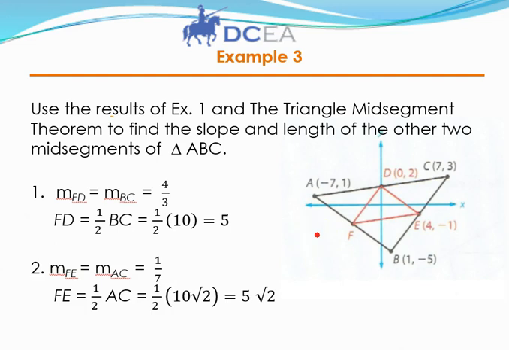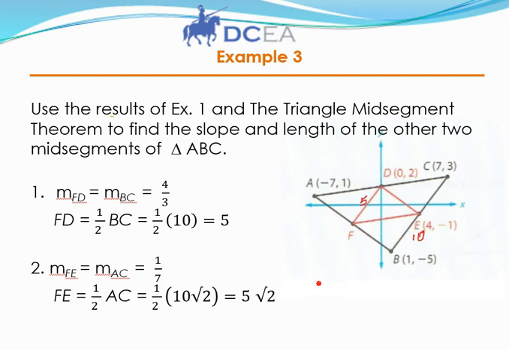The slope of FD is equal to the slope of BC, which equals 4/3. This we've determined because of the triangle mid-segment theorem. And FD will be 1/2 of BC. We knew that already from solving that BC was 10, so that means that FD will be 5.